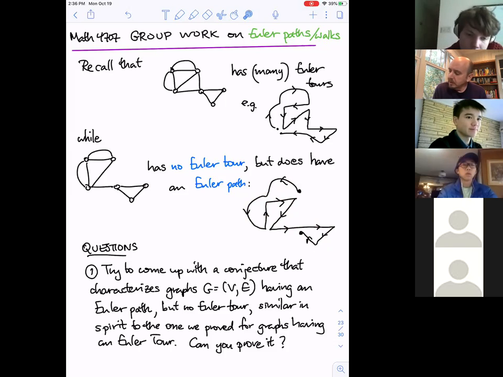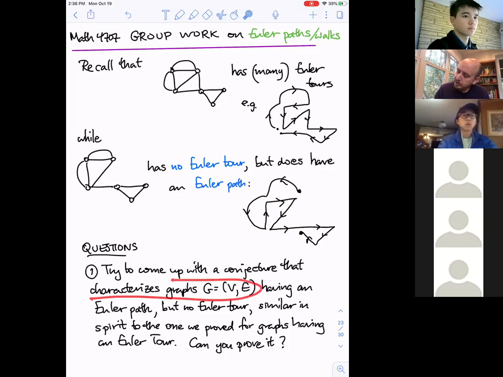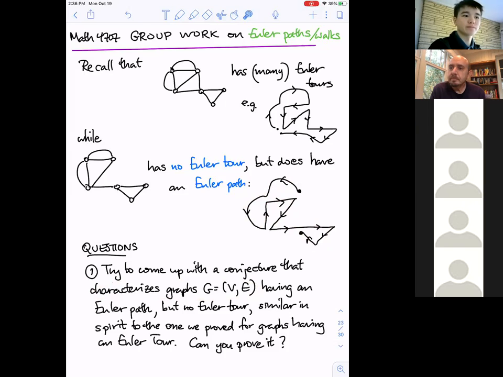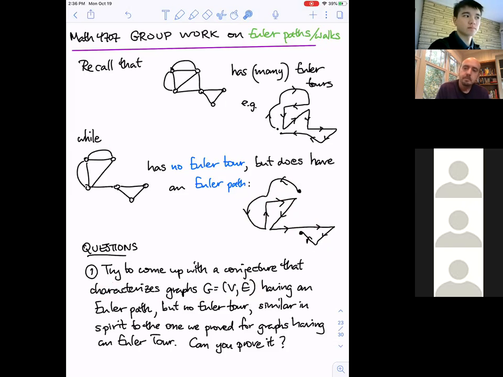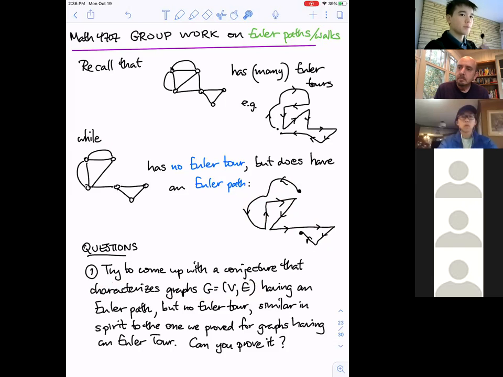What's the characterization? So how do we characterize those graphs that have an Euler path but no Euler tour? Would you have two odd degree?